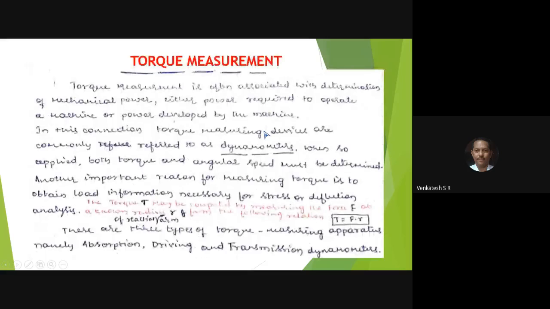Next come to the very, very important point, the torque measurement. The second portion in the fifth module is the torque measurement. First, what is the torque? The definition of the torque. What is torque?